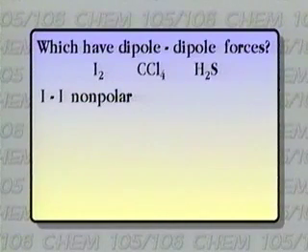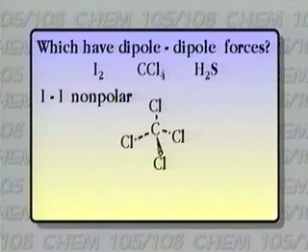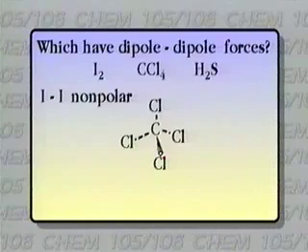Well, what about CCl4, carbon tetrachloride, common name, and we did talk about that once before. If we draw the Lewis structure, we're going to end up with a tetrahedral molecule. Once again, looks something like that.